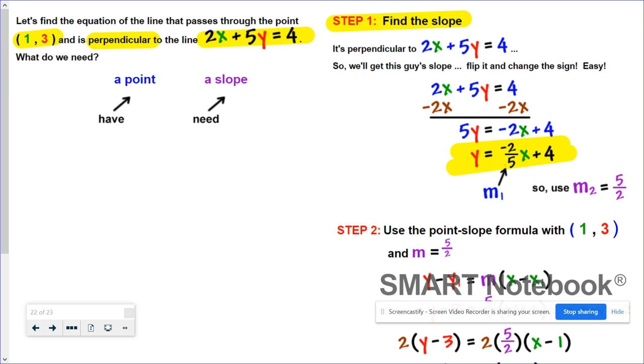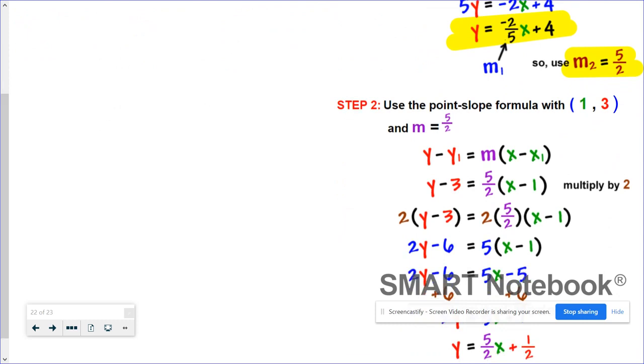So the given line has a slope of -2/5. I want to write a perpendicular line, so I need to use the opposite reciprocal. Opposite in sign, flip to find the reciprocal.